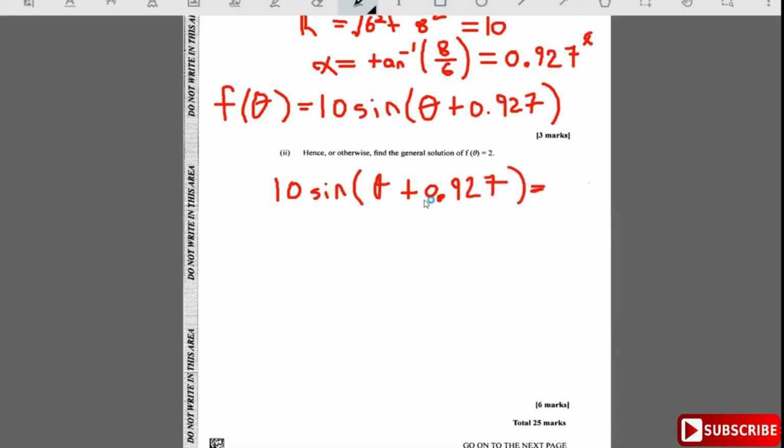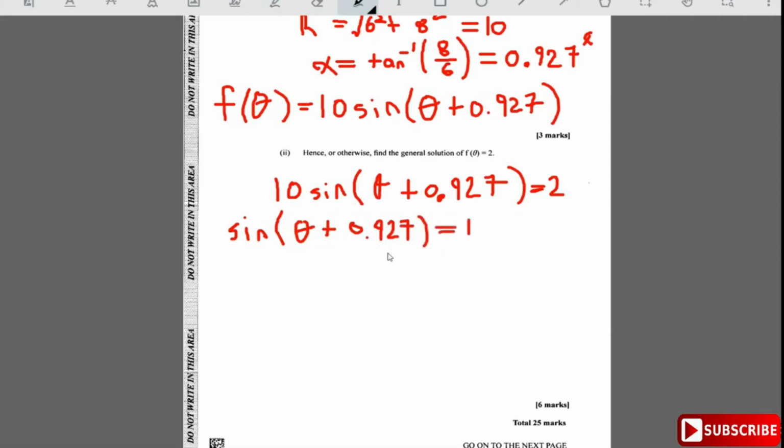First thing we do is divide through by 10. Dividing through by 10, we get the sine of theta plus 0.927 is equal to 2 over 10, and 2 over 10 is really 1 over 5.